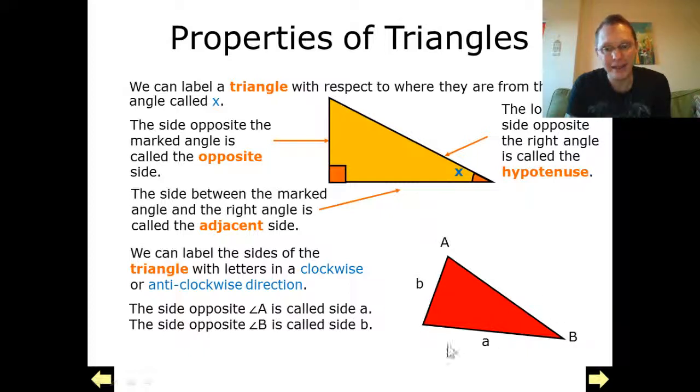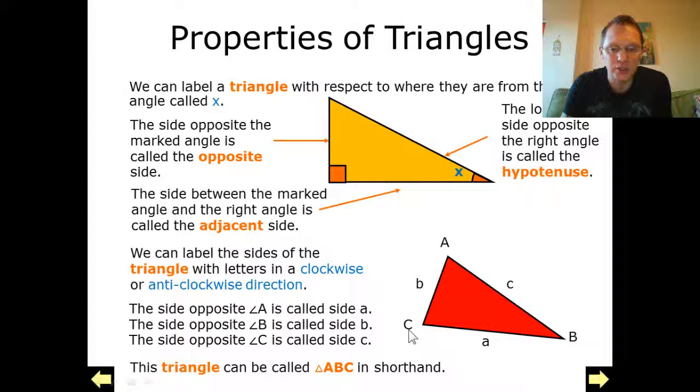Now, as you can see, I am heading in a clockwise direction, and my last vertex is a capital C, and the edge opposite this is a little c. And we can shorthand write naming this triangle as little triangle A, B, C. So this is just a quick shorthand way of writing it rather than writing triangle A, B, C.